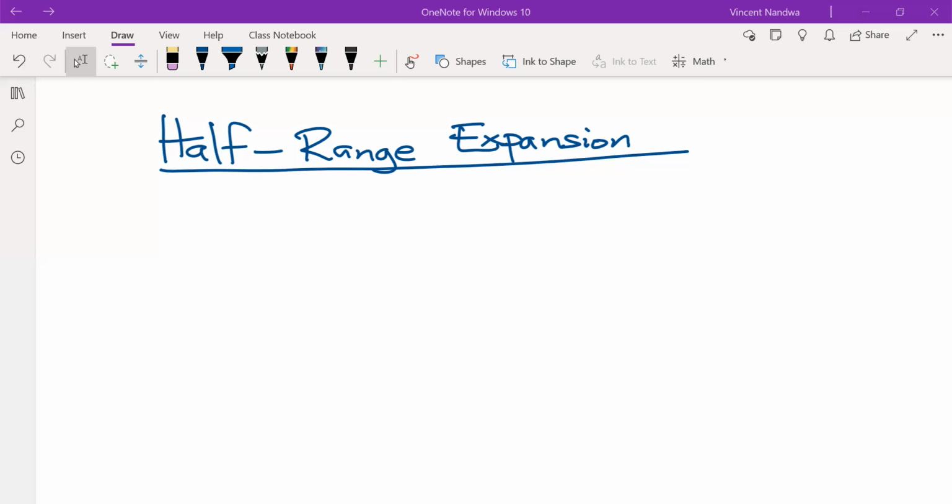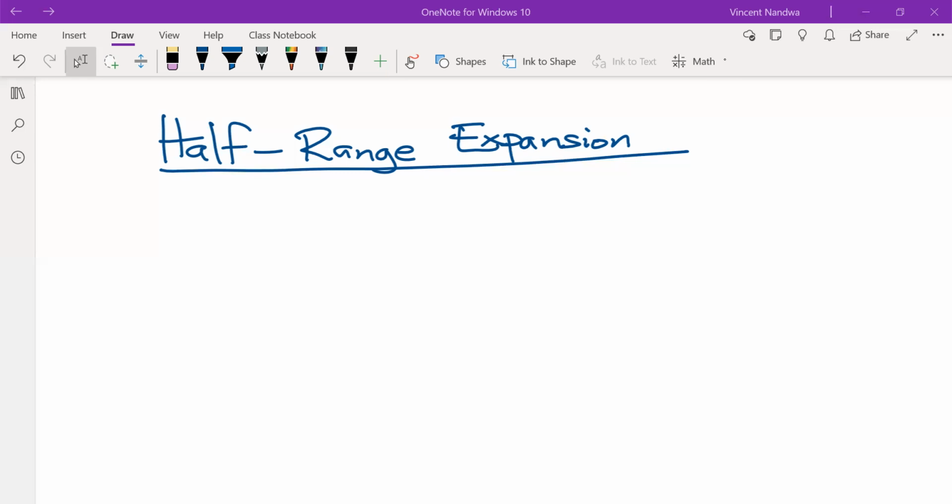So to carry out half-range expansion, the function will be defined from 0 to pi, and then the question will specifically tell you what you're supposed to do, whether you have to carry out the cosine Fourier series expansion of the function, or the sine Fourier expansion of the function.